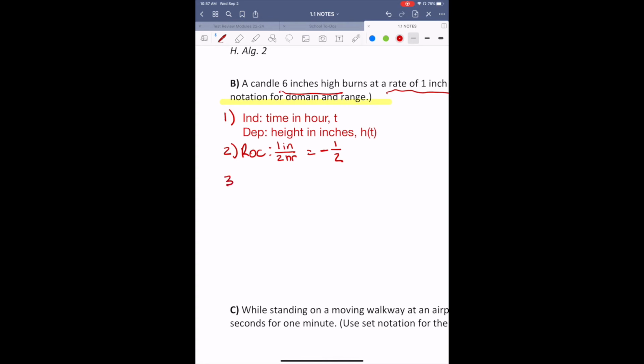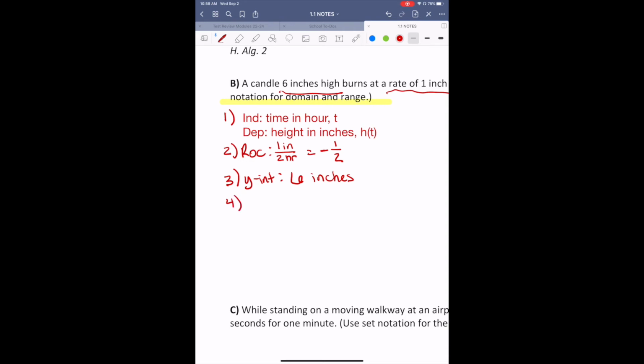Our third step was to find the y-intercept. Well, our y-intercept is where we start, and we're measuring a candle that is 6 inches high. So in this case, our y-intercept would be the 6 inches, the height of the candle. Okay.